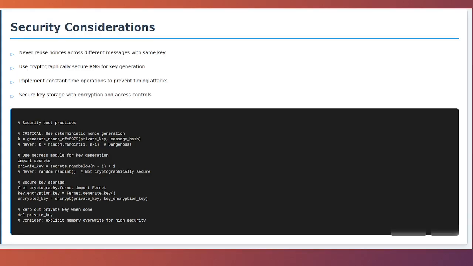If we have two signatures, (R, S1) and (R, S2), for messages M1 and M2, both using the same key, then we know S1 equals K plus E1 times D, and S2 equals K plus E2 times D, where E1 and E2 are the challenges.